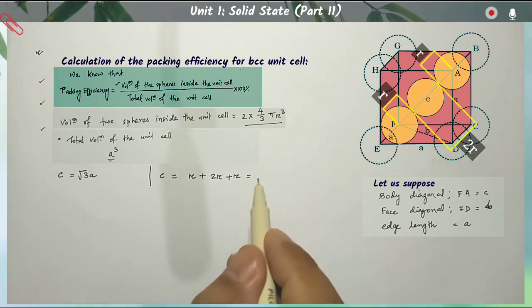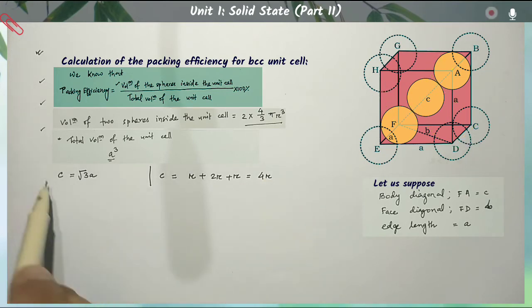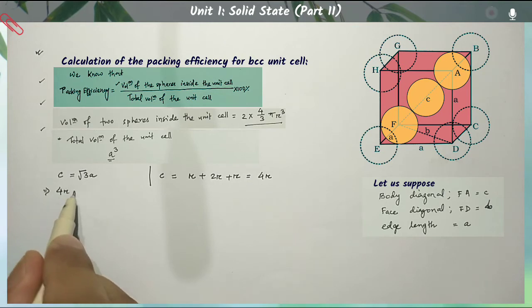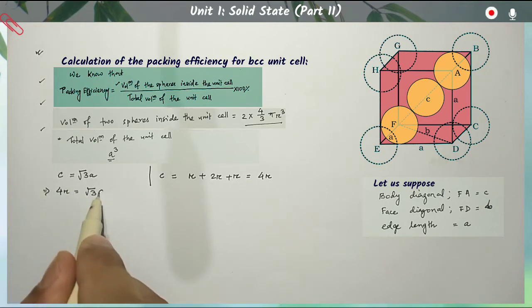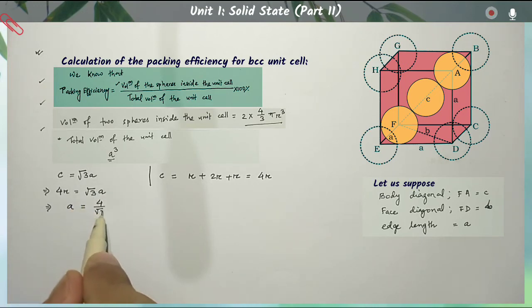So it will be 4r. In place of this C, we can write 4r. So C is equal to 4r is equal to root over 3A. So we can easily write A is equal to what? 4 by root over 3 r.